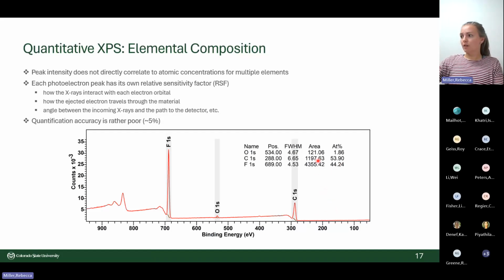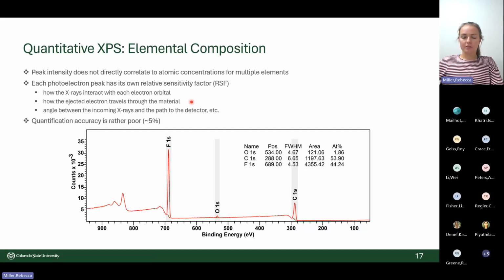So to go from area to atomic percent, there's a calibration factor called the relative sensitivity factor. These are provided from the company for the instrument and are specific to how the instrument is set up. On a basic level, these calibration factors depend on how the X-ray interacts with that electron orbital. How likely is that electron to be ejected?